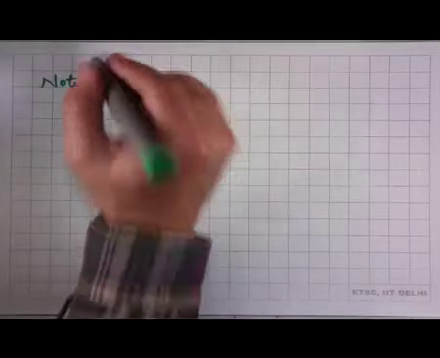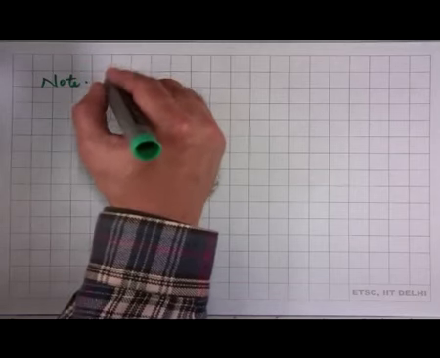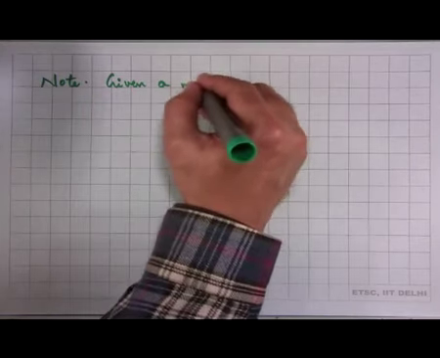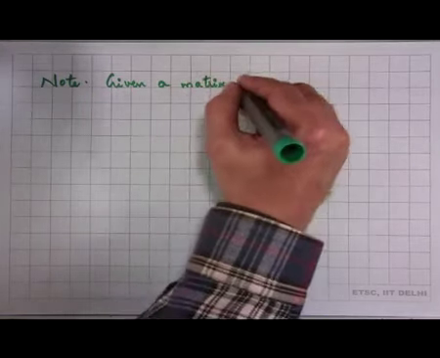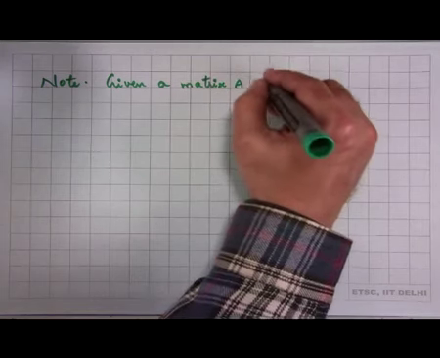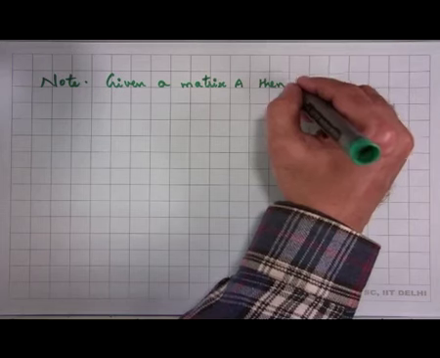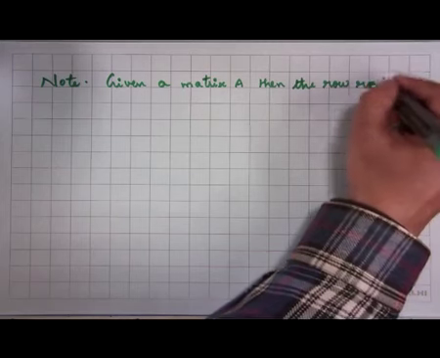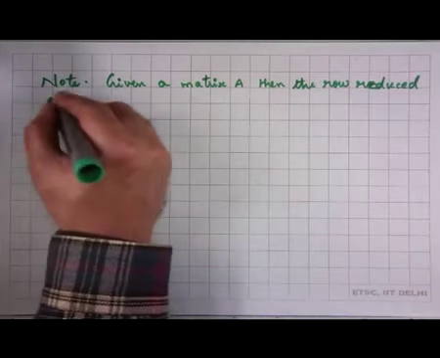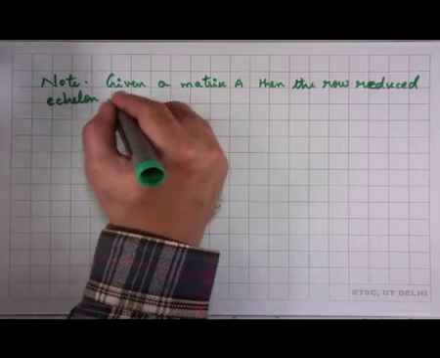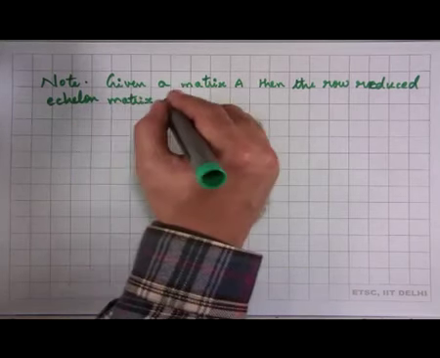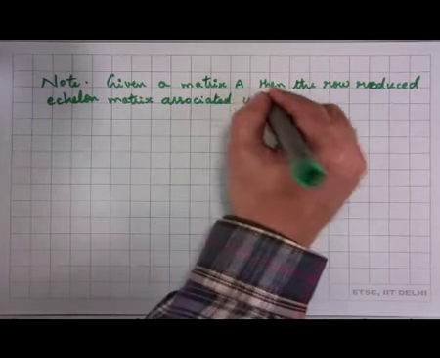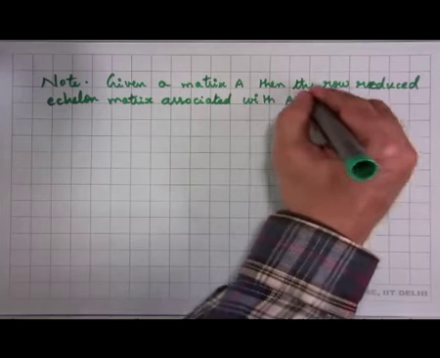I will not go into the details of this, but it will be intuitively clear why it is true. Let me make a note saying that given a matrix A, the row reduced echelon matrix associated with A is unique.